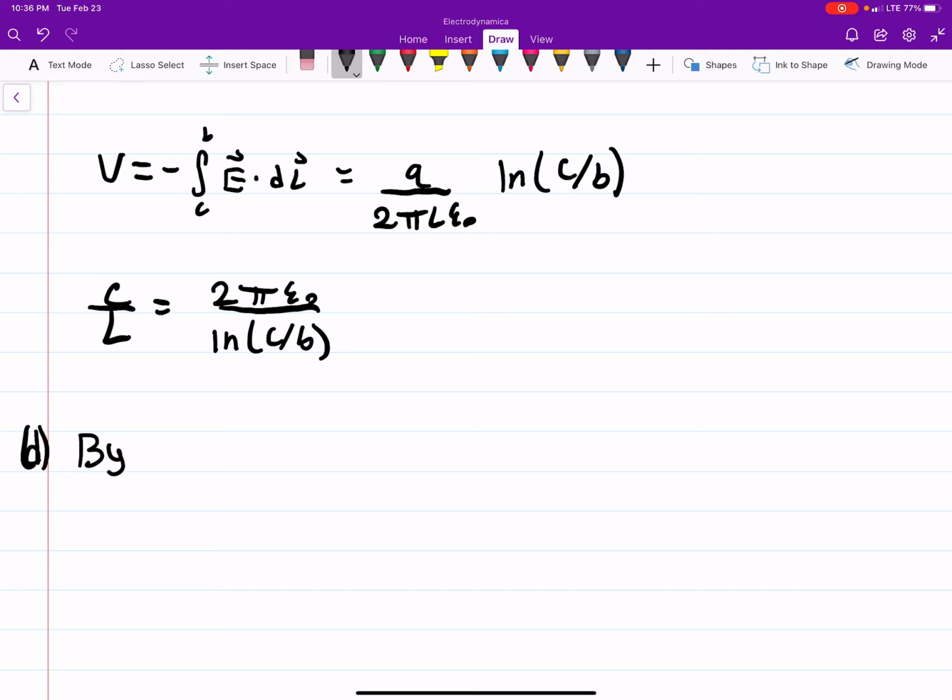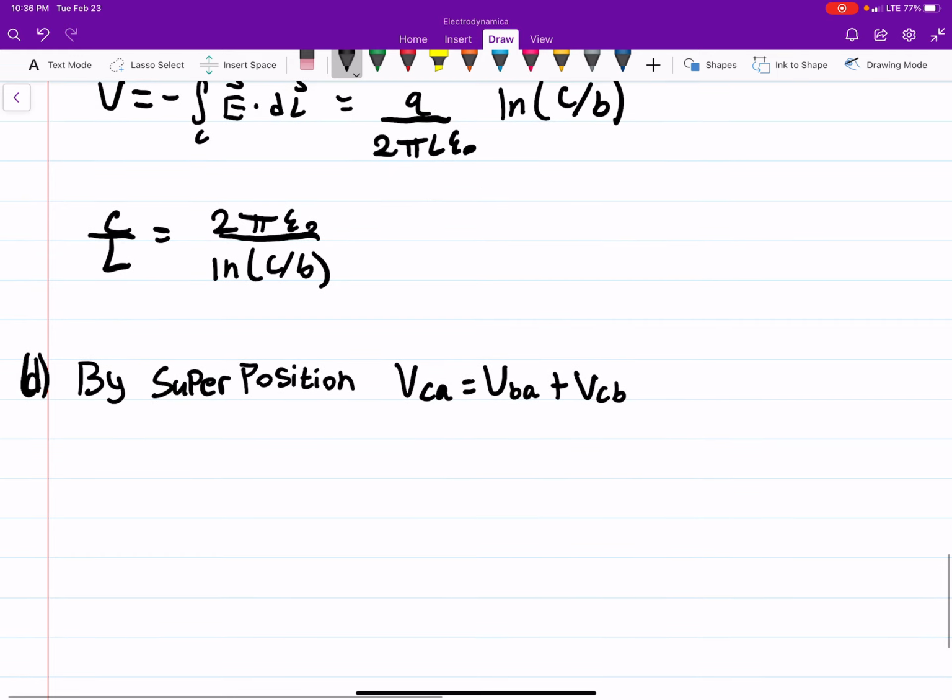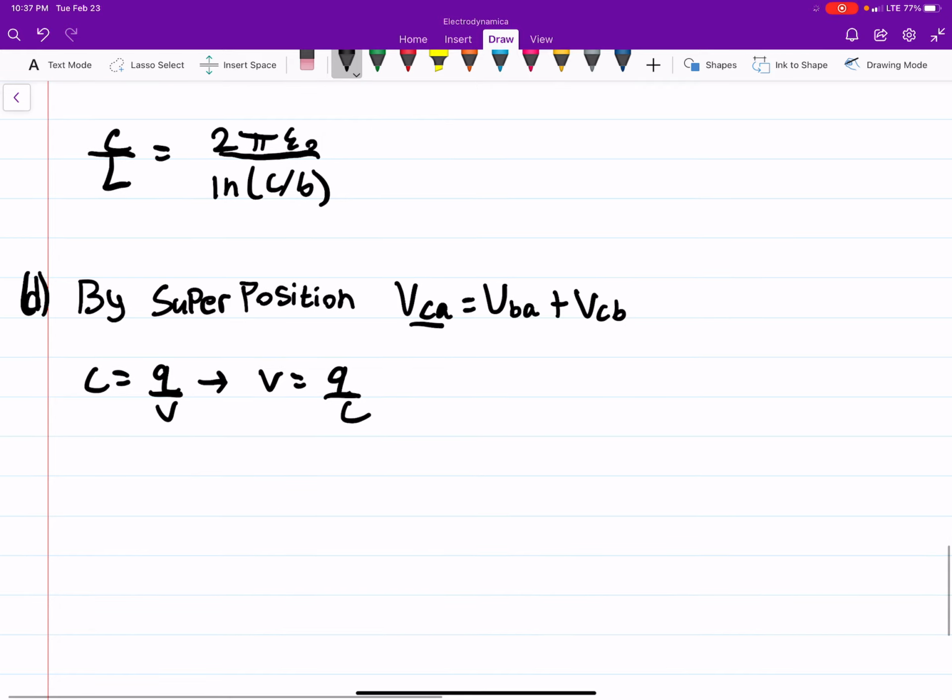By superposition, if we want to find the potential from C to A, that's equal to the potential from B to A plus the potential from C to B. And capacitance is again Q over V, and V is Q over C.